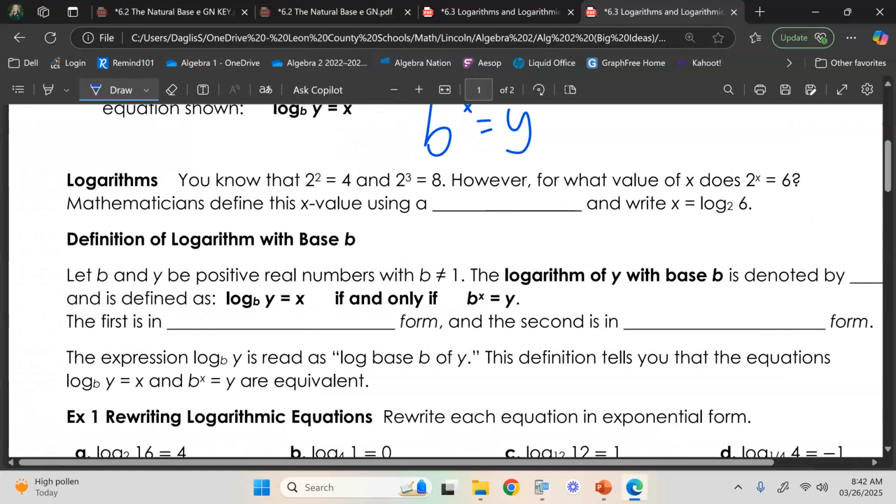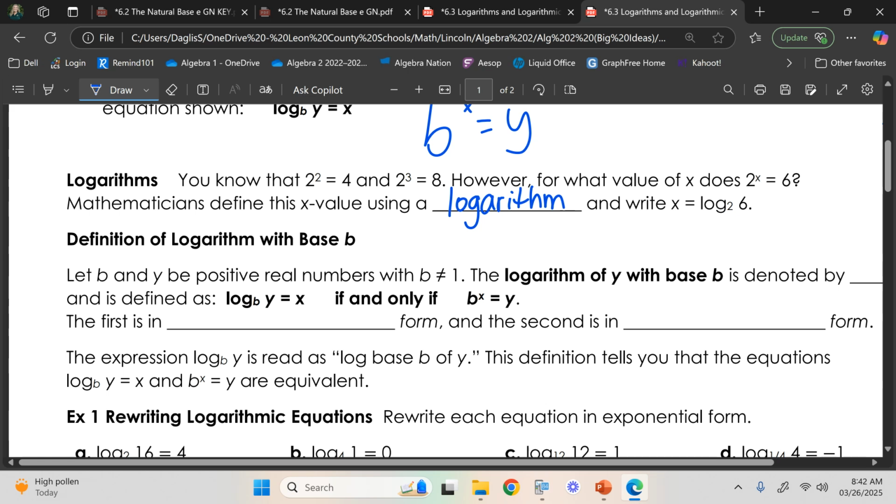So we know 2 squared is 4, and 2 cubed is 8. All those were nice numbers. But what if I said 2 to what power is 6? That's when we use a logarithm to find it, and I would use log base 2 of 6. I would evaluate that to find the missing exponent, which is not going to be a whole number.